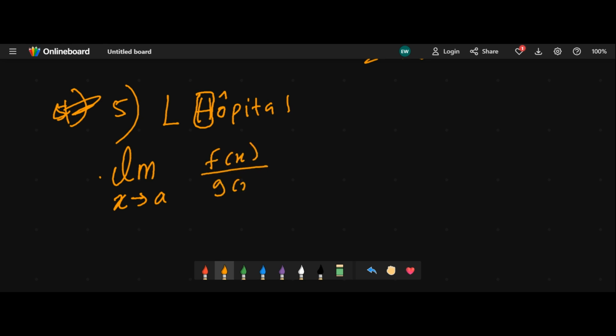If you substitute and get 0 divided by 0 or infinity divided by infinity, you can't continue. Then you see whether you can factorize this. No, you can't. Multiply by the conjugate? No. So what to do? At that position, you can use L'Hopital's rule.